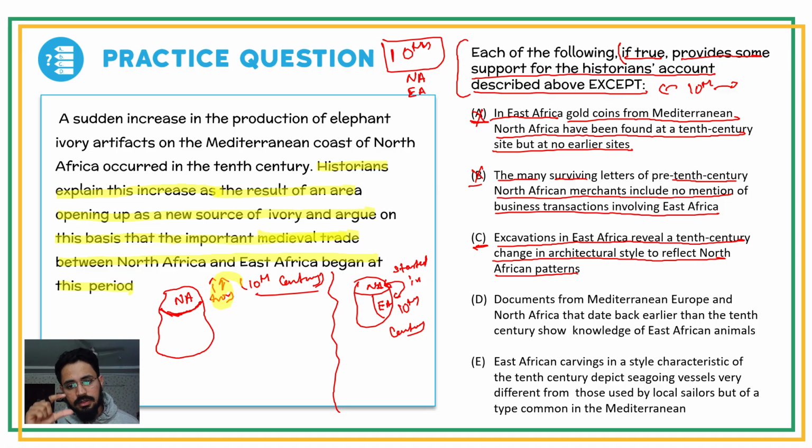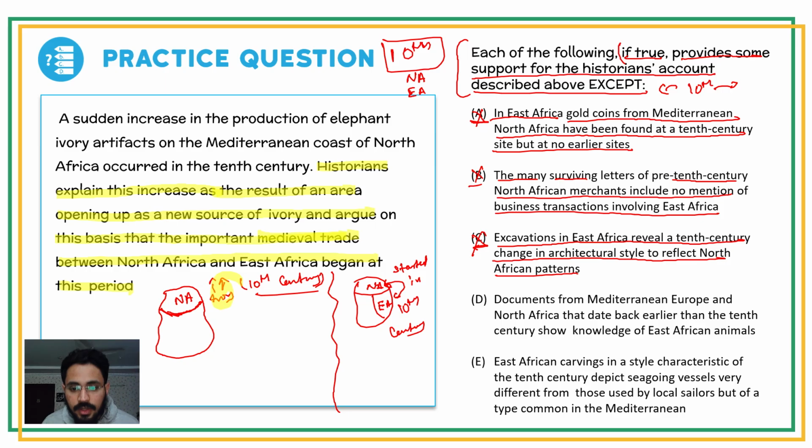Something happened in the 10th century in East Africa which reflects North African architectural styles. I mean, that again bolsters the argument that the important trade might have started in the 10th century, because even the excavations in East Africa reveal a 10th century change in architectural style reflecting North African patterns.